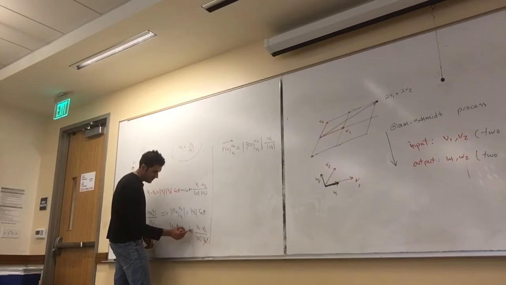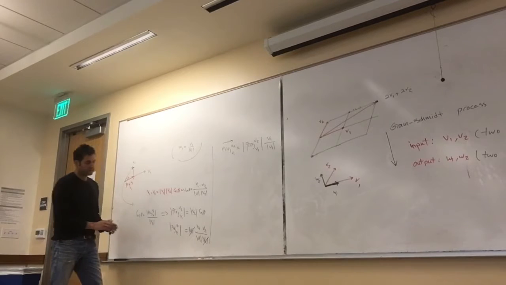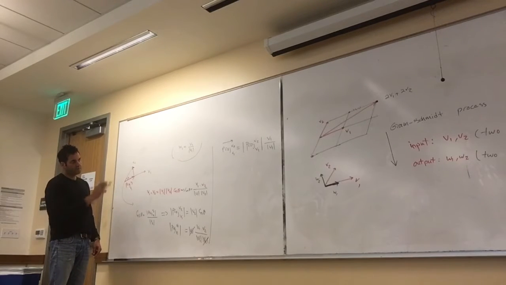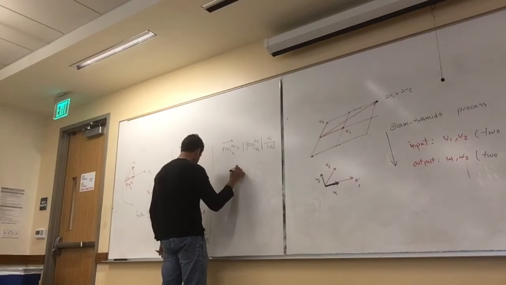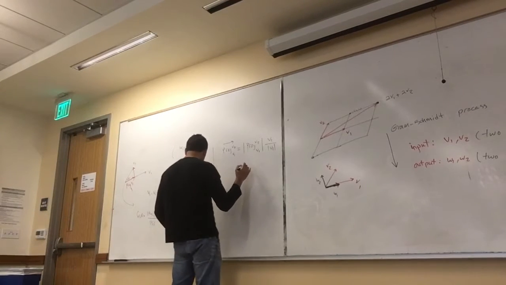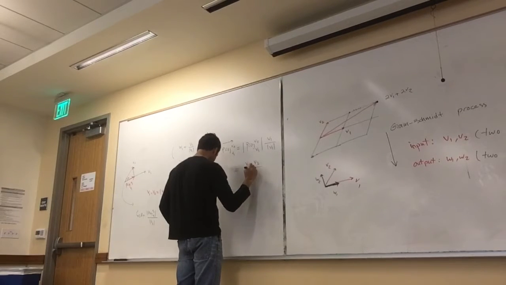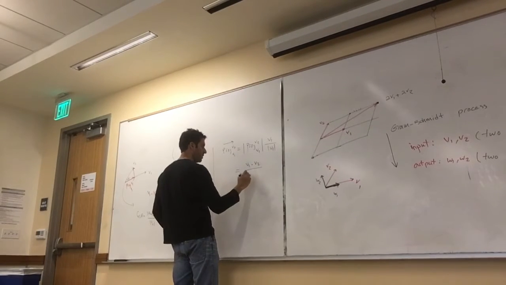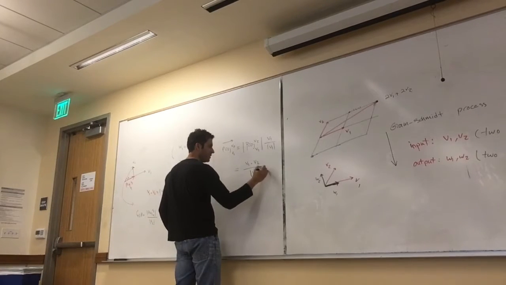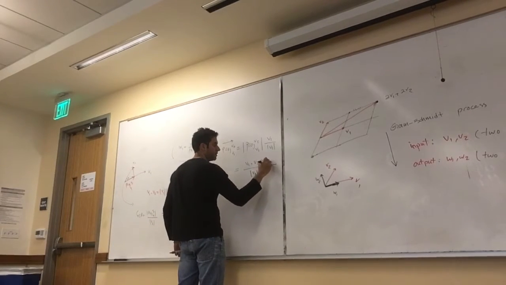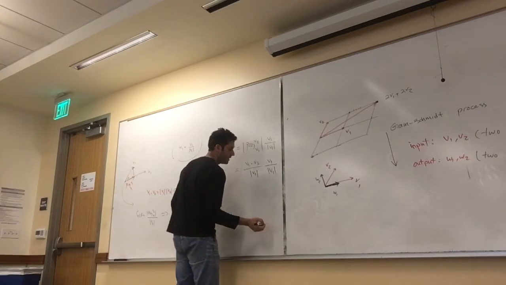This guy cancels out. So you have V1 dot V2 over V1. That's the size of the projection. So let's plug that in over there. So this becomes this projection, which is V1 dot V2 over the size of V1, times this vector V1 over the size of V1.